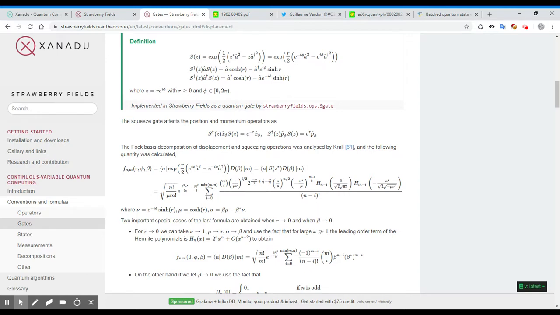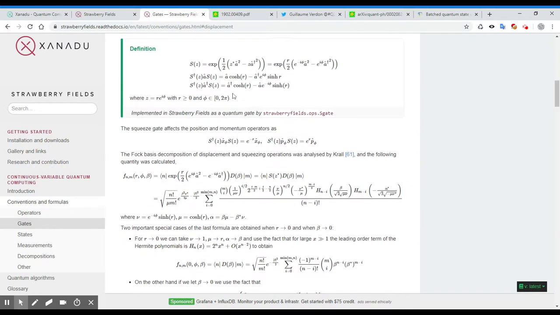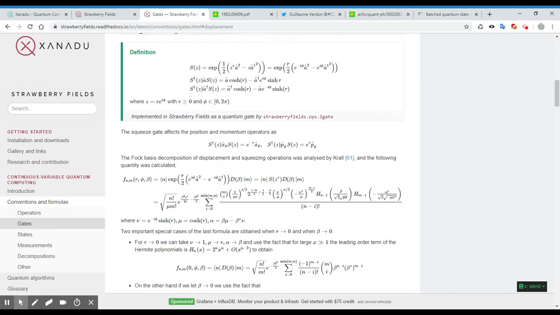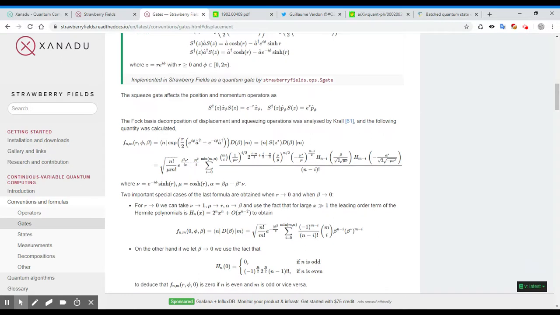Radius. Squeeze gate affects the position and momentum operators as following. But I'm trying to think about whether it makes more sense in Cartesian or... squeezing parameter.